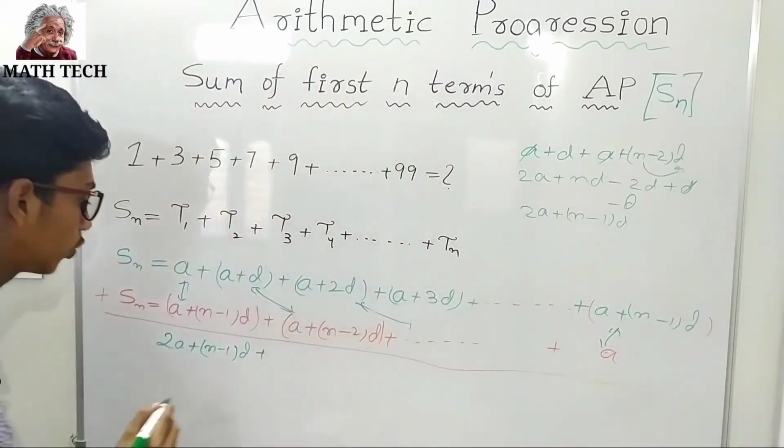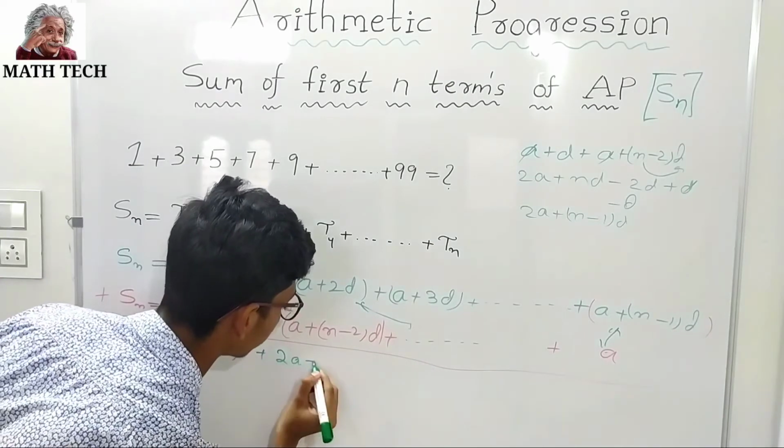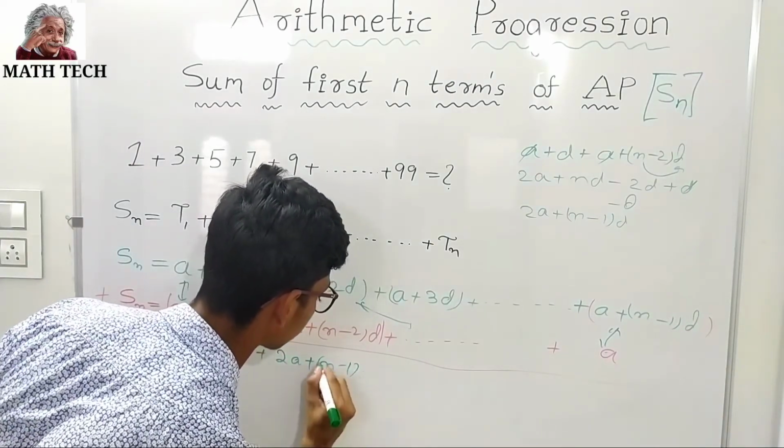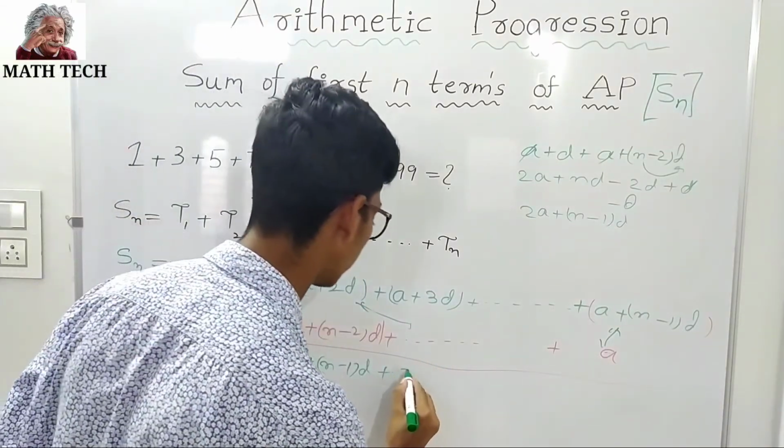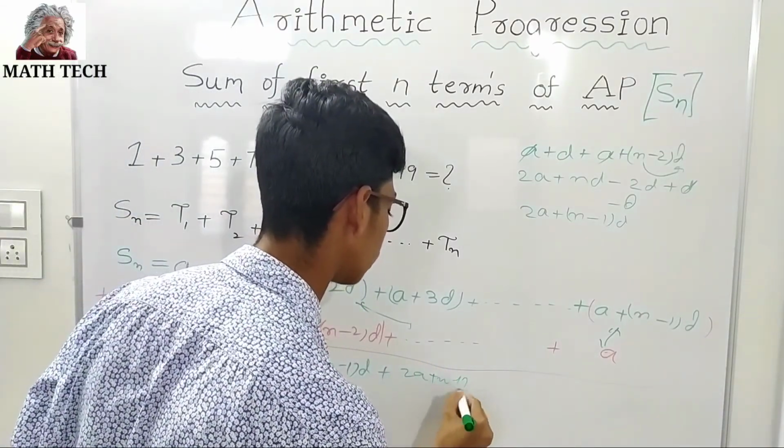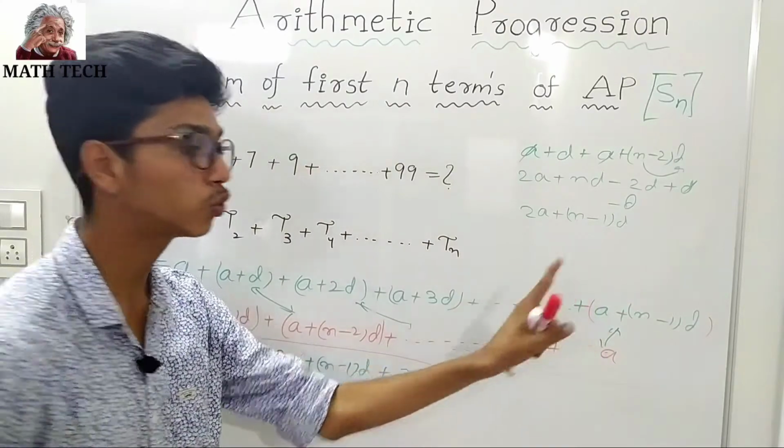2a plus n minus 1 into D. And if you find, you will get the same value, 2a plus n minus 1 into D. And last, a plus a is 2a.